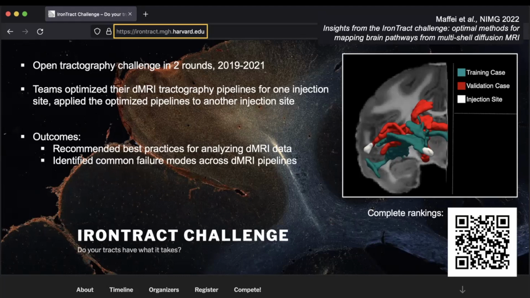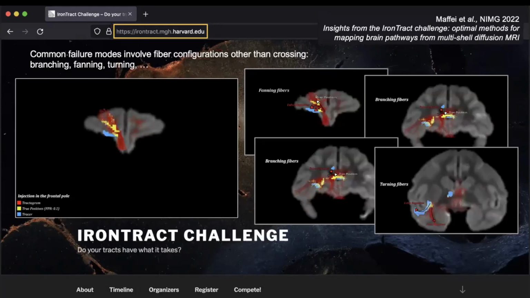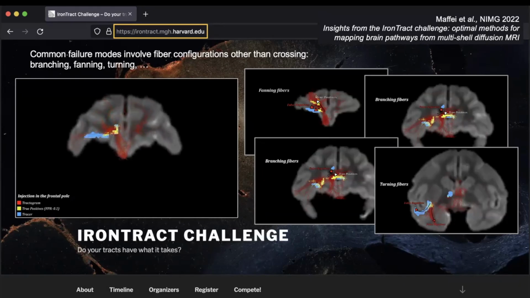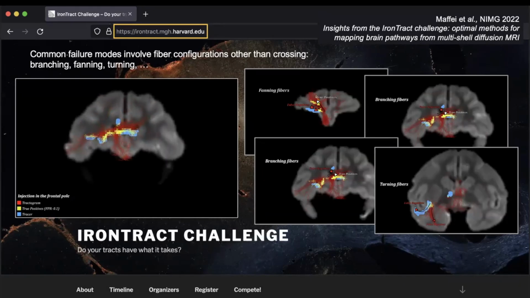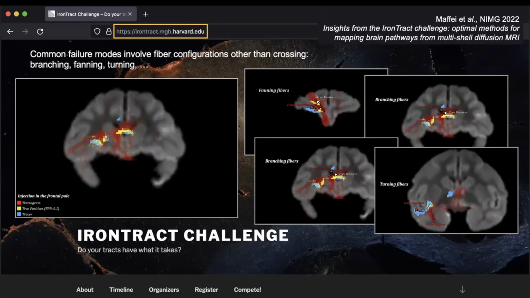So we asked, what are the parts of the brain where pretty much all the methods, or most of the methods, get it wrong? And what is special about the fiber configurations in those parts of the brain? That was also a very helpful exercise because we found something quite interesting: although the community has been focused very much on resolving the infamous crossing fiber problem, actually it seems like we are doing pretty well in terms of resolving crossing fibers.